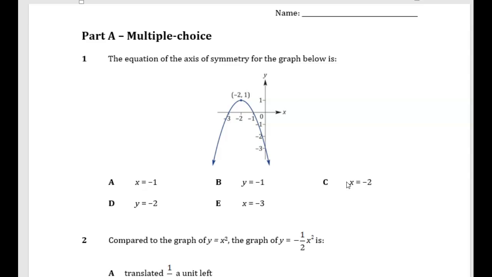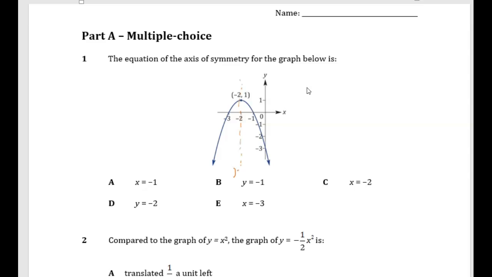Okay, so the equation of the axis of symmetry for the graph below. An axis of symmetry just means it cuts it down the middle, so it's symmetrical. Your axis of symmetry goes down like that, so it crosses at whatever the x coordinate of the turning point is.